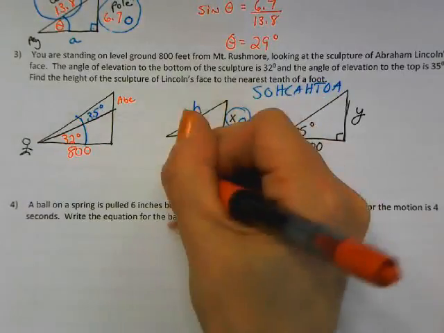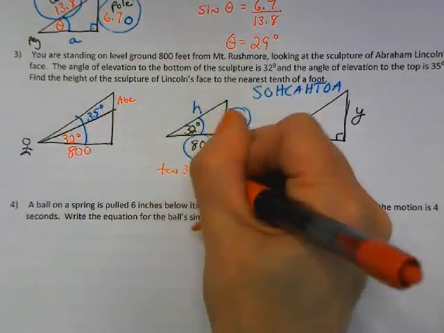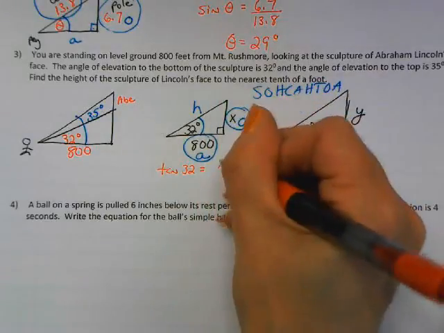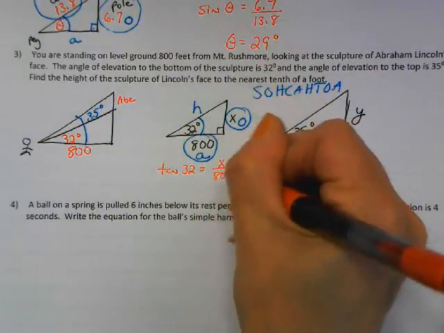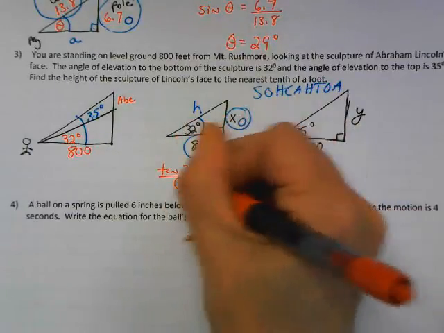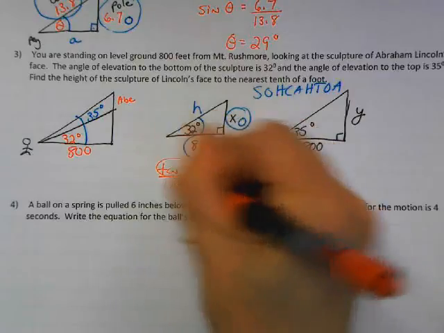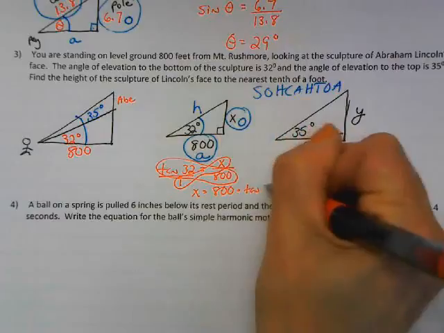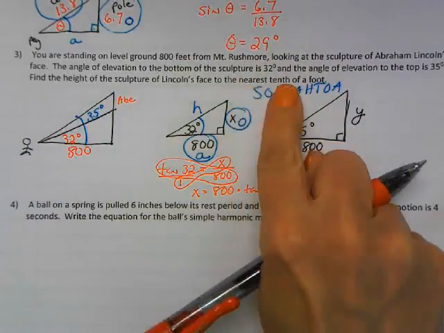So you have the tangent of 32 is equal to, tangent wants O on top of A, so X on top of 800. Slap a 1 underneath it and cross multiply. So X is equal to 800 times the tangent of 32. And it wants us to round to the nearest tenth.